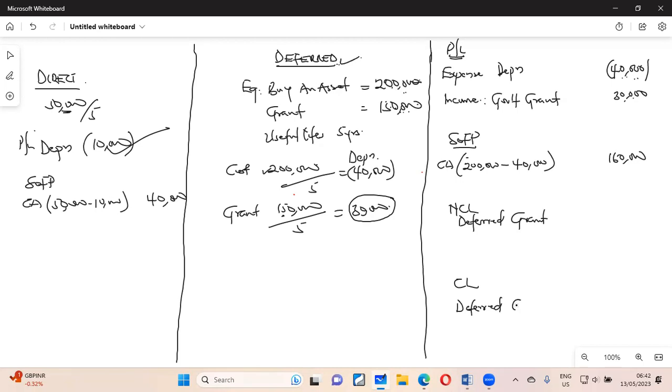But in accounting, we all know that the one that is immediately 12 months ahead of you is called current, and the one that is after those 12 months is called non-current. So the next 30,000 will be released over here. And the reason I'm putting this in brackets is to clear your mind that it is not a liability. It is an income, a grant.